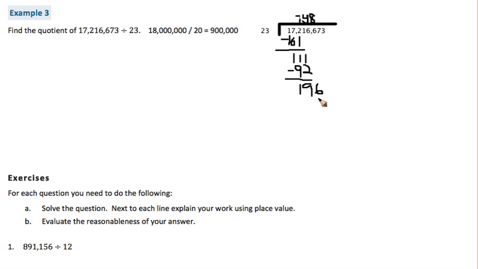8 times 3 is 24. Regroup the 2. 8 times 2 is 16, plus 2 more is 18. 196 minus 184 is 12. We'll need to bring down the next digit, which is also a 6. 126 divided by 23.